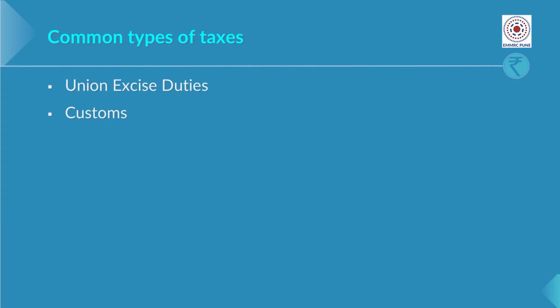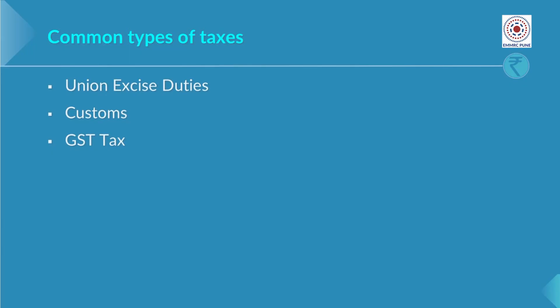Customs. These are taxes levied on the import or export of goods across the country's borders. They are collected by the central government and are mainly imposed to protect domestic industries, regulate foreign trade, raise revenue, etc. GST. This is the tax levied on the supply of goods and services within the country.